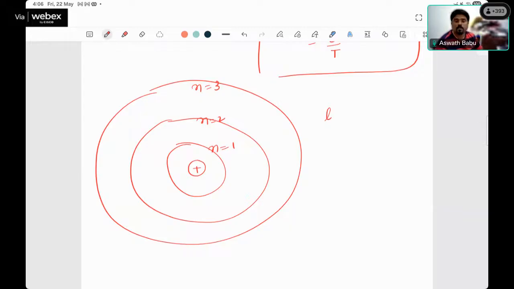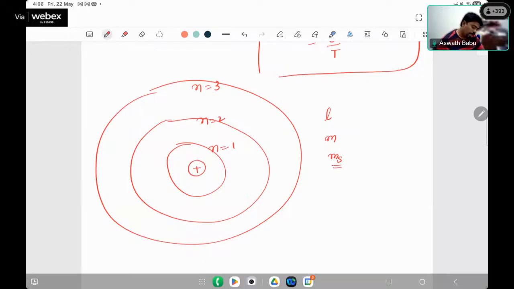Principal quantum number, rotational angular quantum number, n, l, m, and m stands for the rotational quantum number. Spin is actually different from rotational dynamics, which comes with the s in the subscript.